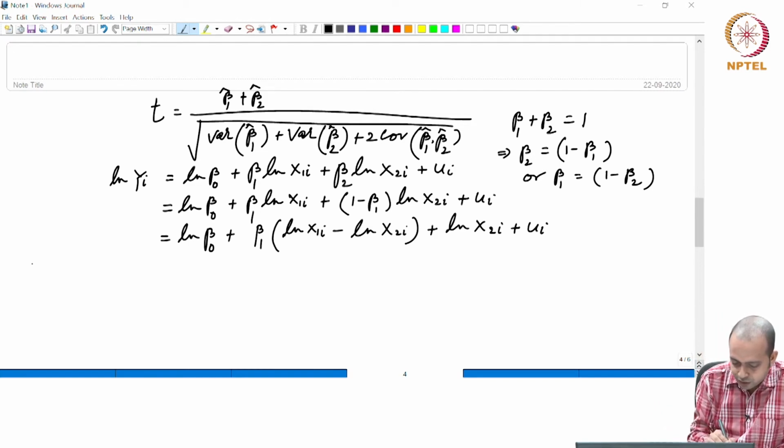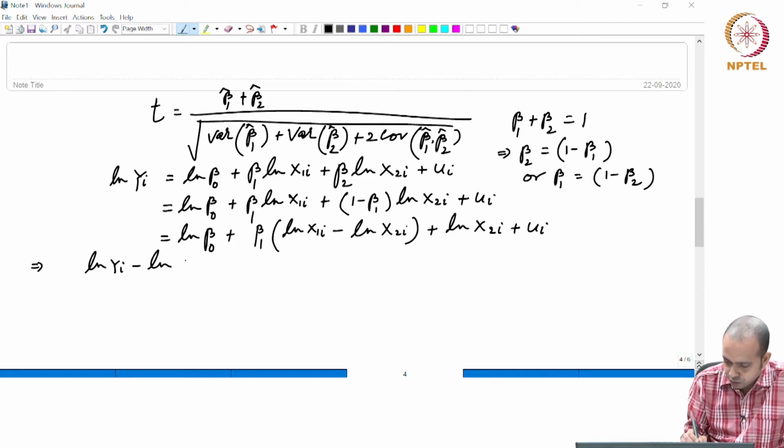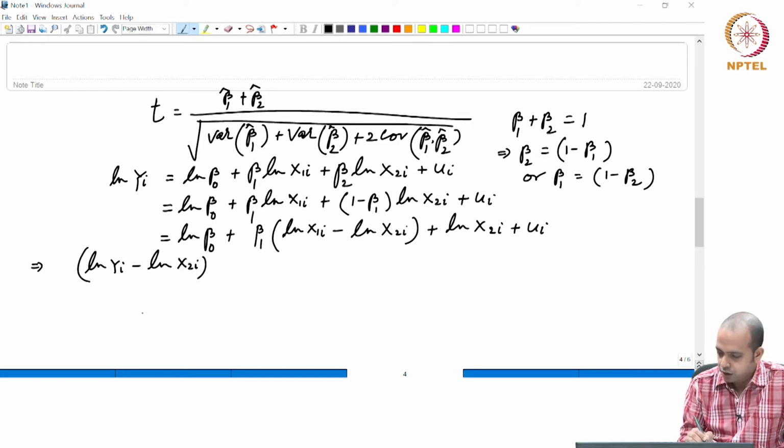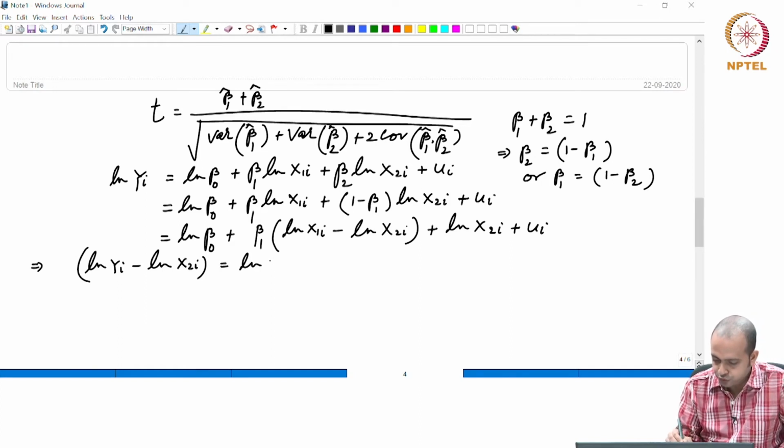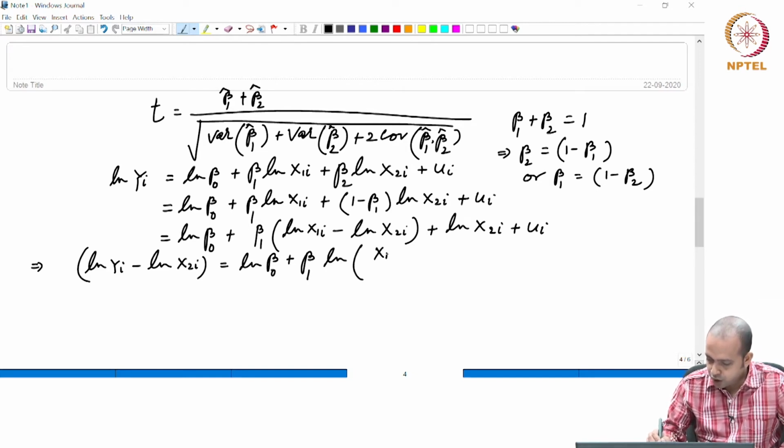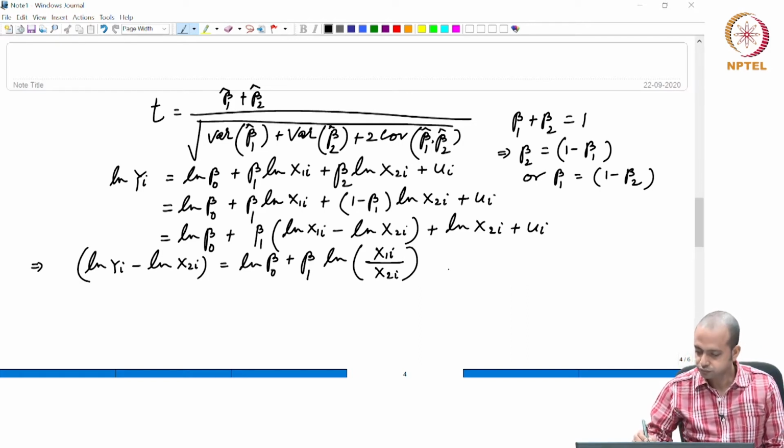So, that will make log of yi minus log of x2i equals log of beta 0 plus beta 1 log of x1i divided by x2i plus ui.